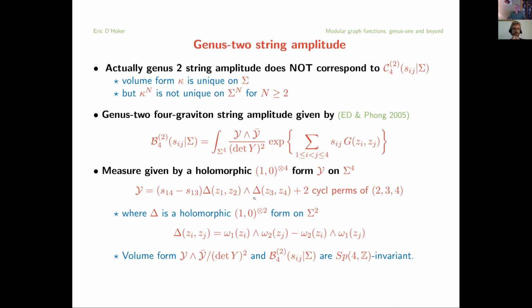So this is a quantity that's very specific to genus 2. You cannot write this antisymmetric combination down for higher genus. And so the measure is actually the wedge product of something holomorphic times anti-holomorphic. And this determinant of y is there to make it modular invariant. So the structure is similar to what we had guessed, but the details of the measure are actually different.